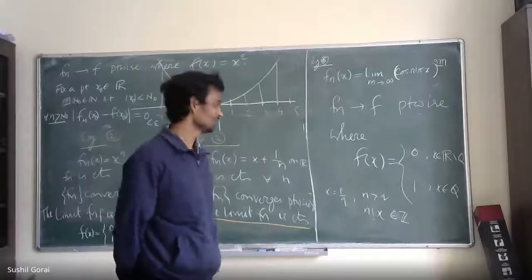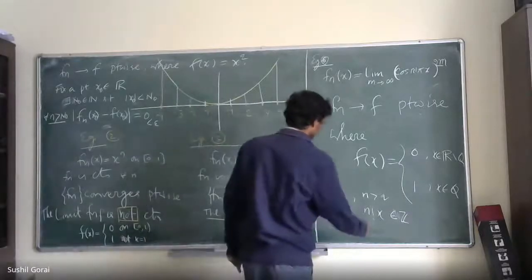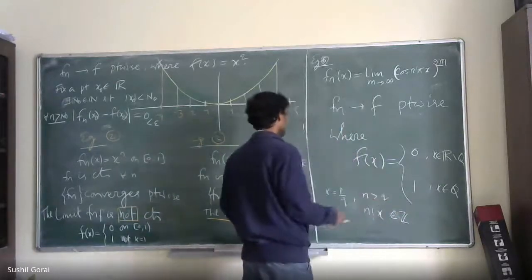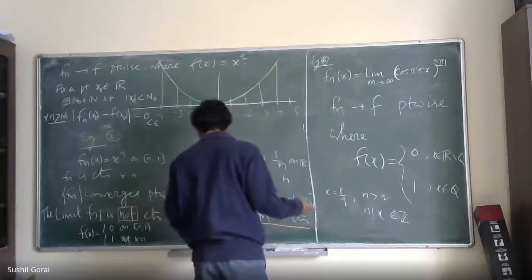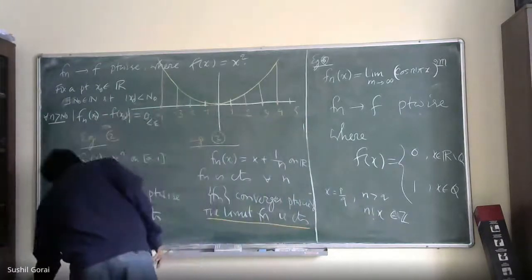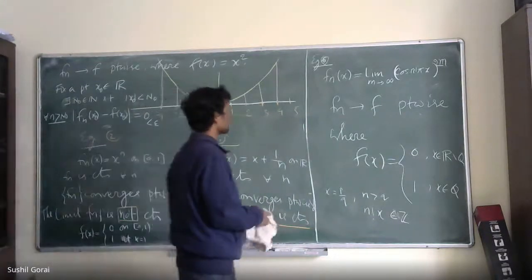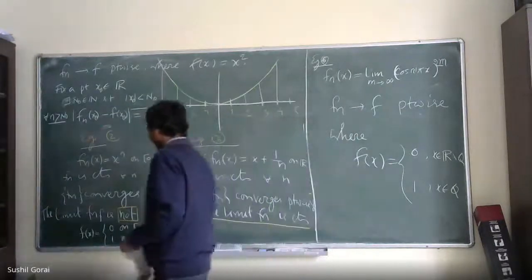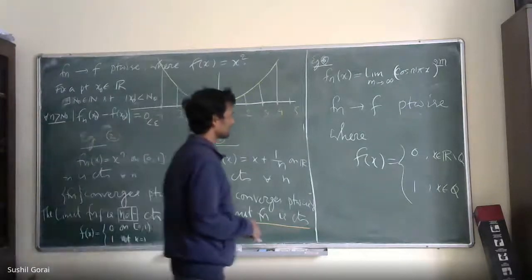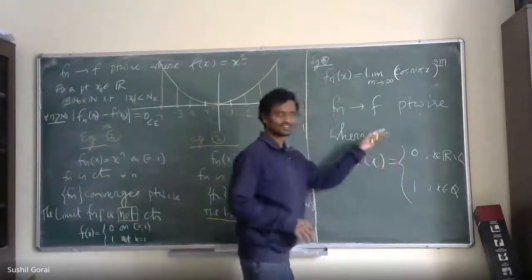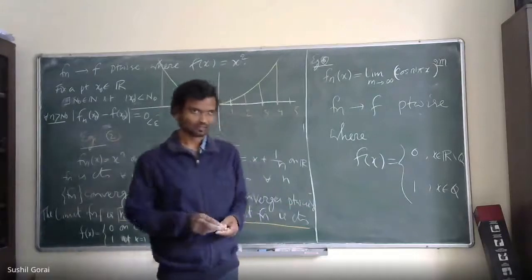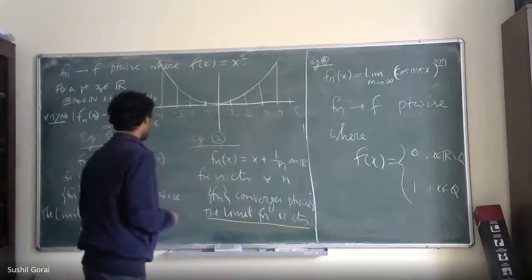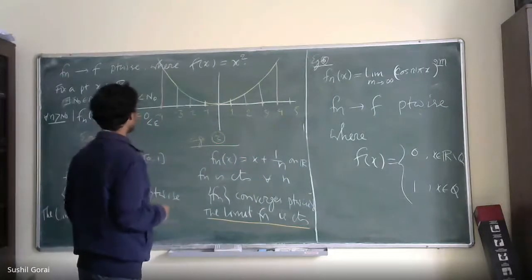So here the explanation is given to you, and if you want more explanation, you can look at Rudin's book. This example is from Rudin. But my point is, you see, a pointwise limit can be discontinuous everywhere. Of course, it has points of discontinuity as well. But this can be anything.